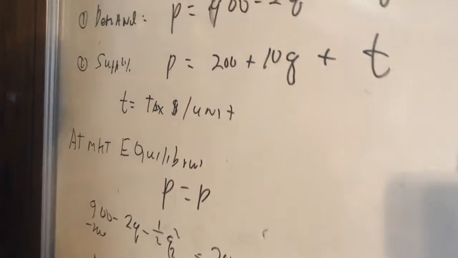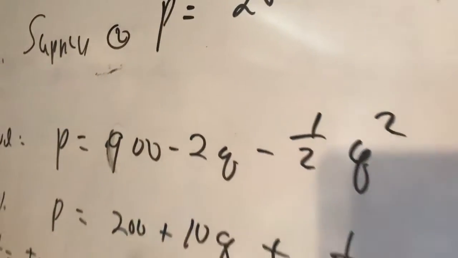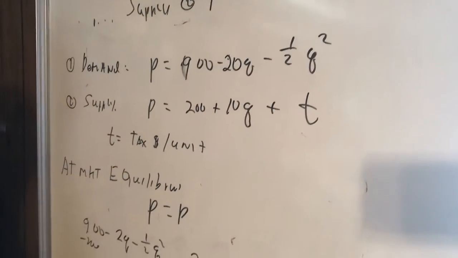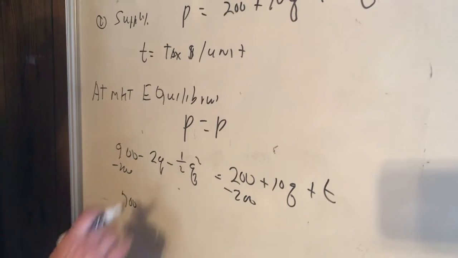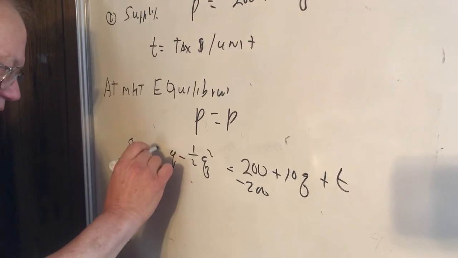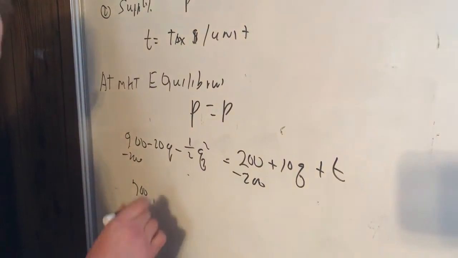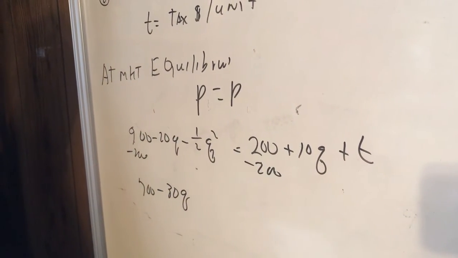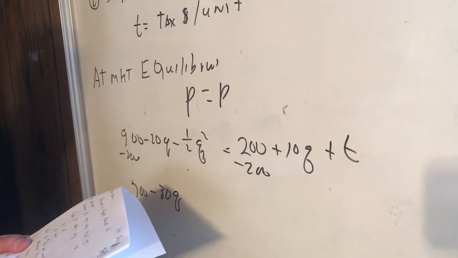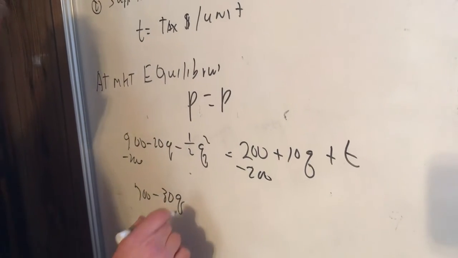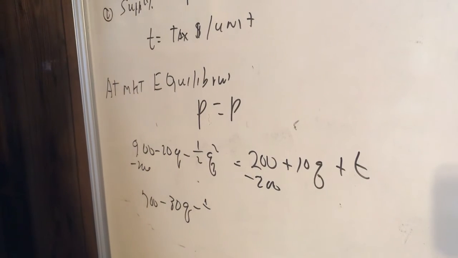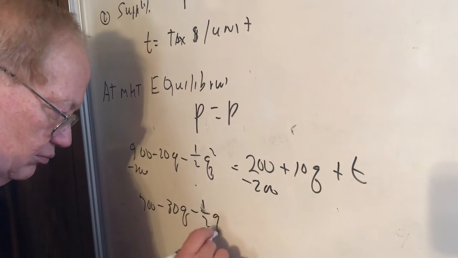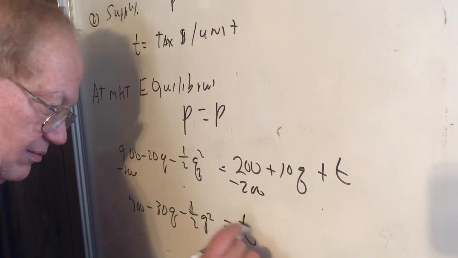That was from the time we did it before, so it changes here too. Sorry about that. So now I'm going to have 10Q, 20Q, minus 30Q, and I'm still going to have the minus 1/2 Q squared. And that's going to equal T.